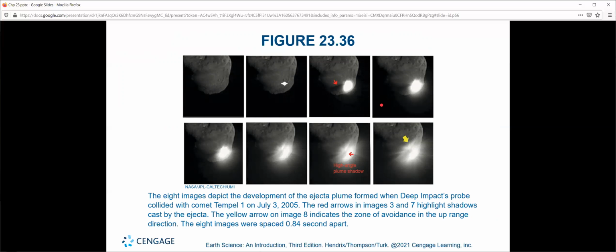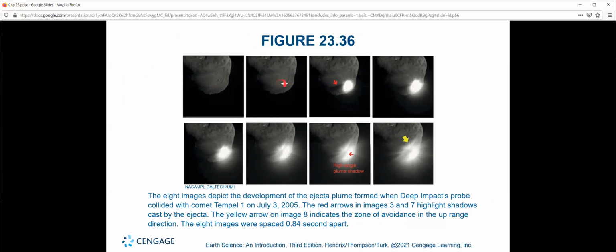Here we have an interesting series of eight images that depict the development of the ejecta plume formed when Deep Impact's probe collided with the comet Tempel 1 on July 3rd, 2005. Here we can see red arrows highlighting shadows cast by the ejecta itself.